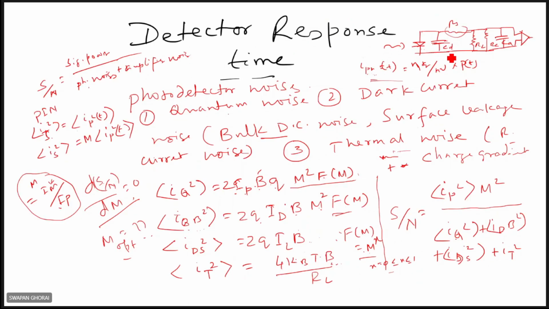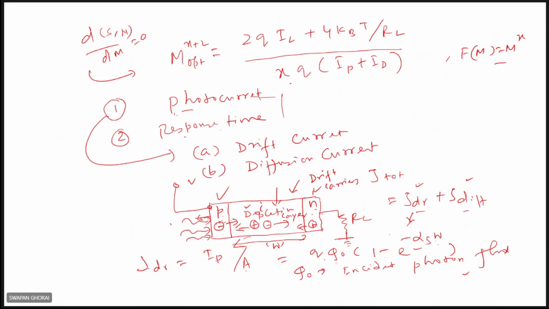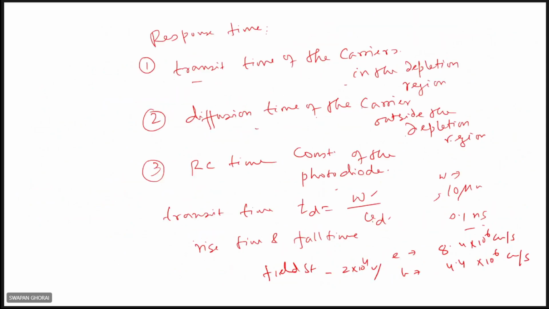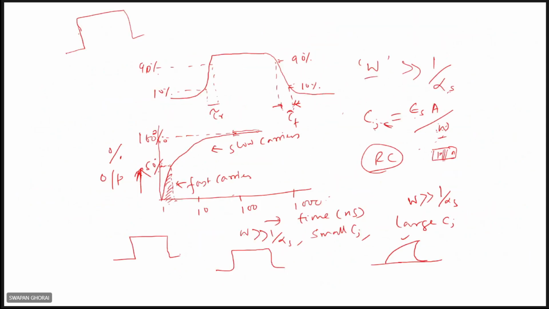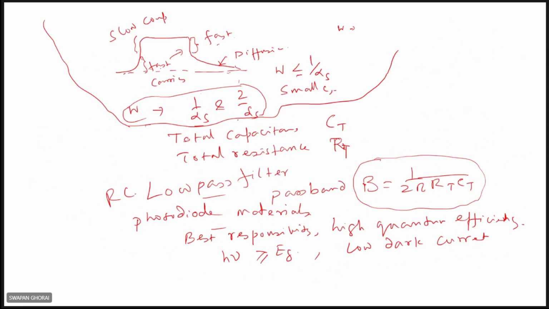I told you it's determined by the total capacitance value and total resistance value. In fact, this circuit can be considered a low pass RC circuit, and from the 3 dB point you can find out the bandwidth. That is the parallel combination of the resistance and the parallel combination of the capacitance.